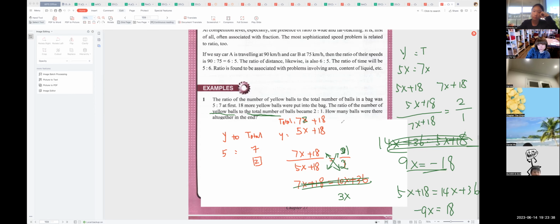At the very beginning, how many were there altogether in the bag? So 42 and 30. So plus 18 will be 48, plus 18 will be 60. I think this question is wrong. Wait, divide by 6, add 10. Yes, this question is wrong. Let me look, its answer is 42 balls. How many balls were there altogether in the end?